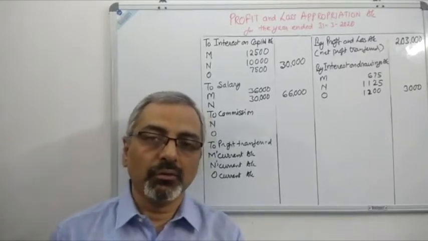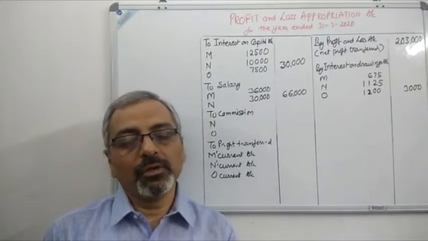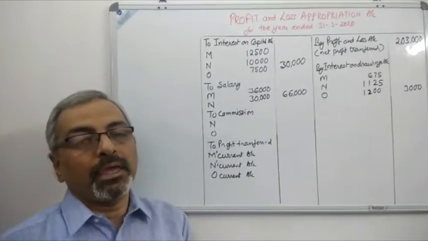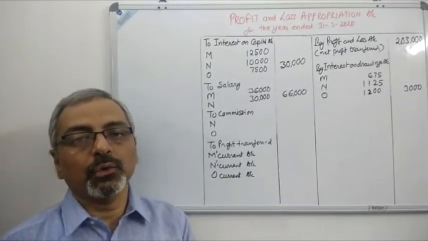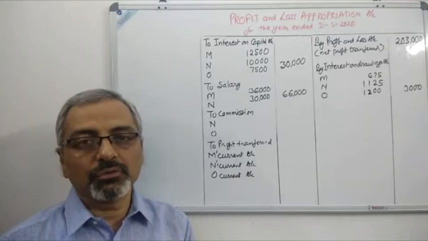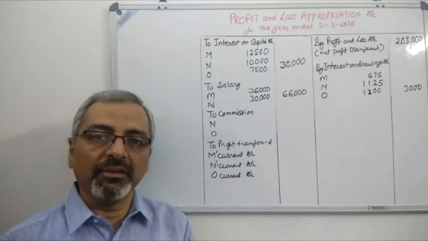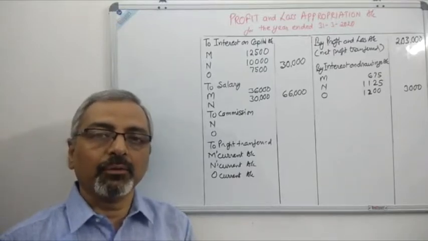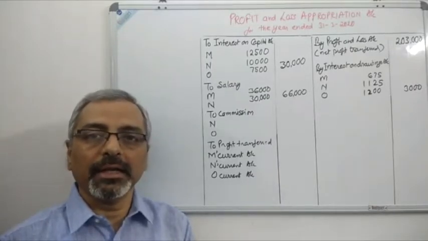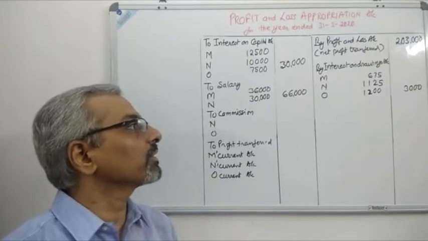That means over here the denominator will become 100 plus 5 plus 5, because N is also getting a commission and O is also getting a commission. Both are getting commission of 5% each. So the calculation for N's commission will be 5 by 110, and the calculation of O's commission will be 5 by 110. Now we'll find out the resultant figure.